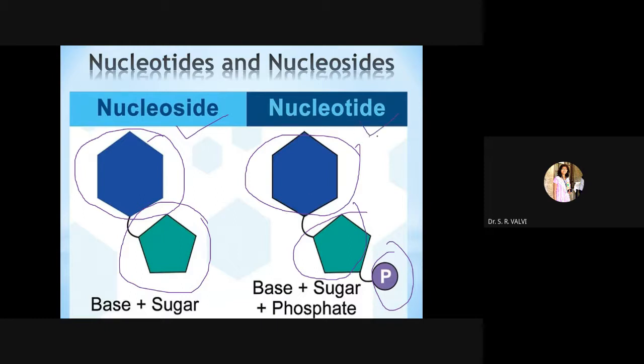A nucleotide consists of three things, whereas a nucleoside consists of two things only, base and sugar, right? Here I have mentioned base and sugar, we call it a nucleoside, whereas nucleotide is base, sugar and phosphate group, all these three together.